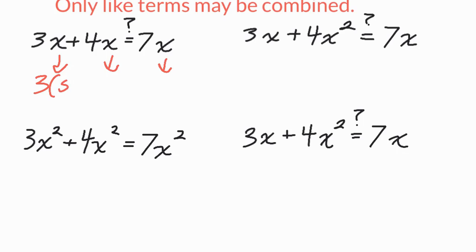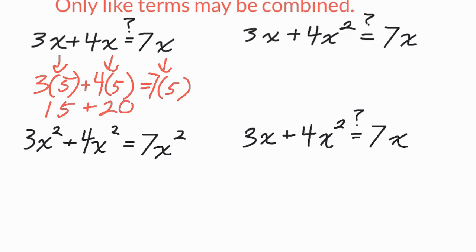So is 3 times 5 plus 4 times 5 equal to 7 times 5? Well, let's see. This is 15 plus 20, and 7 times 5 is 35. So is 15 plus 20 equal to 35? 15 plus 20 is 35, so I get 35 equals 35. Yes, that's good.